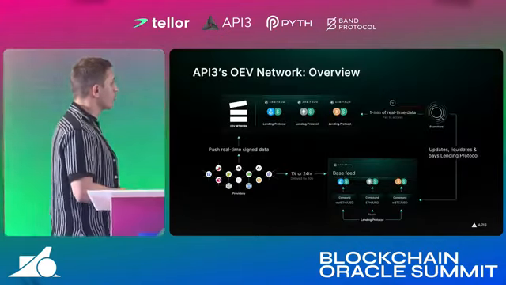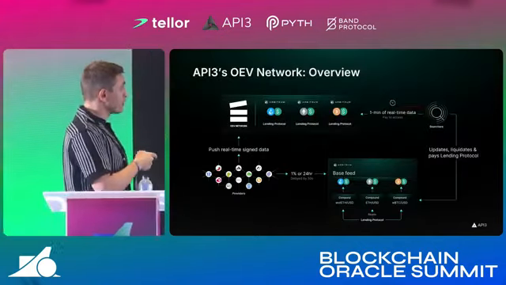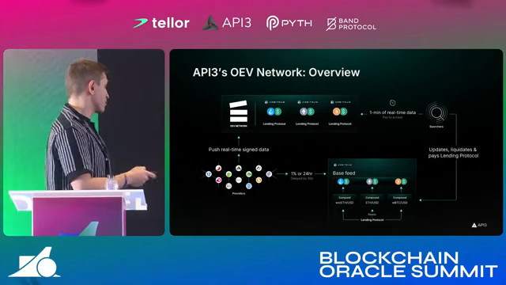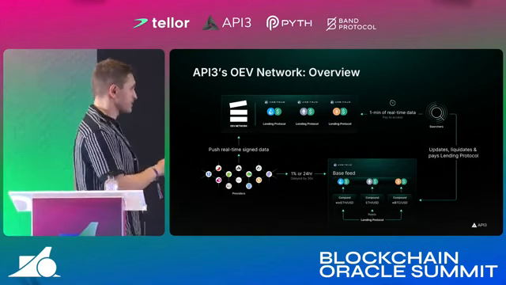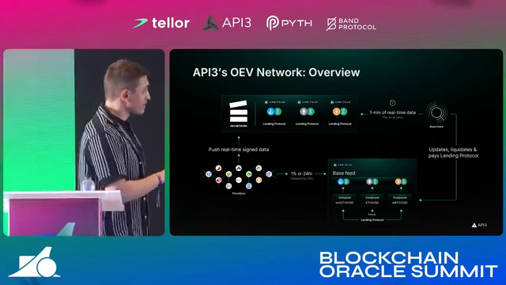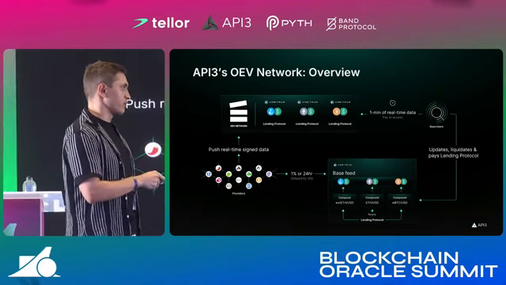Finally, what we built. At API3, we run oracles, like I also mentioned in the panel. We have a bunch of providers, like a decentralized oracle network, and they maintain a push oracle on a specific chain.